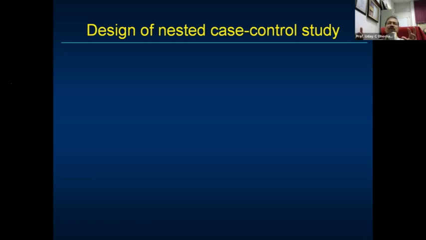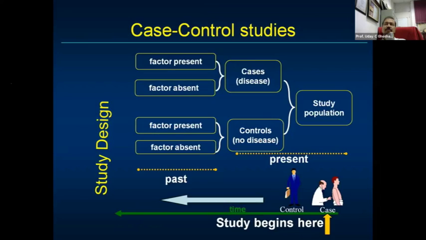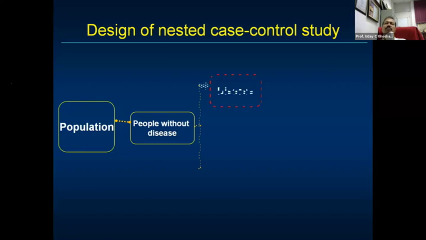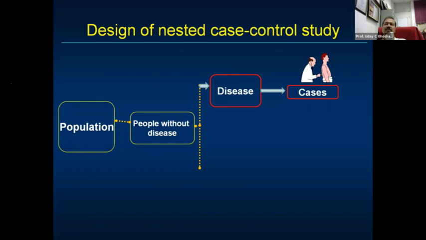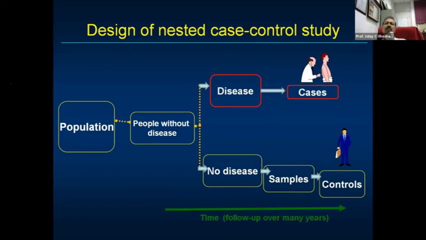So you are nesting, you are making a nest of control. Within this, you are putting a case. So this is called nested case control study. You are doing that so that your cases actually match with the control. Now let us come to a cohort study.